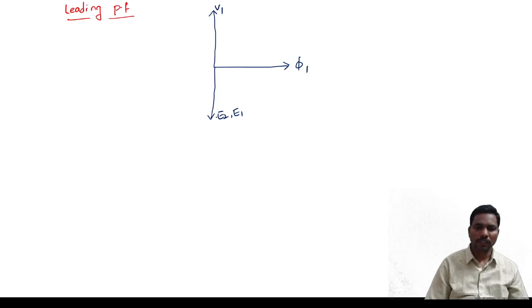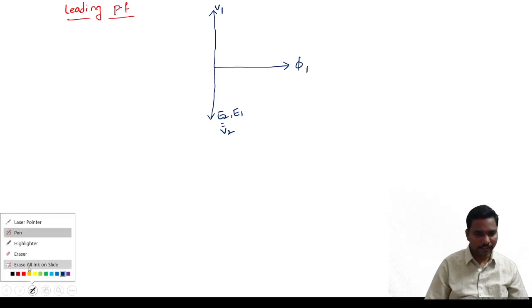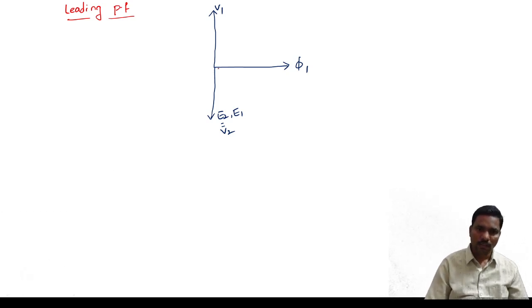E2 is nothing but V2. Here it is a leading power factor, so the current leads. Phi 2 is the angle by which your current is leading.